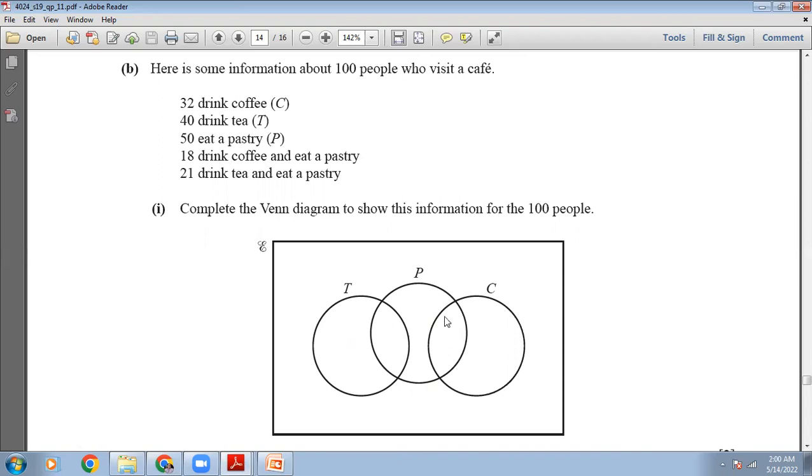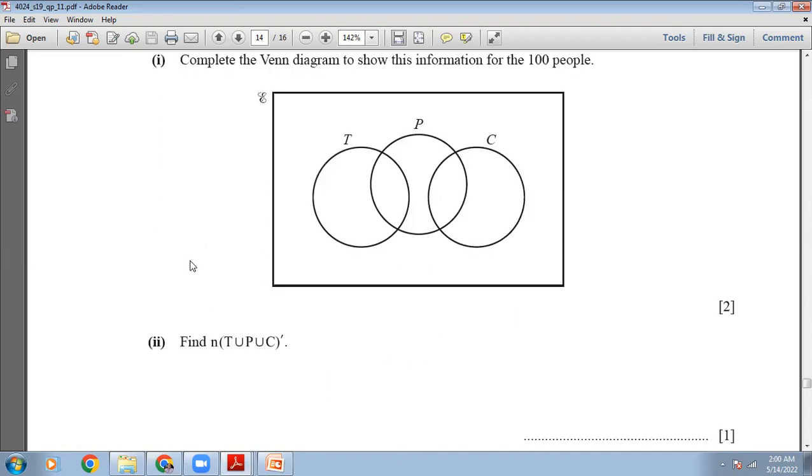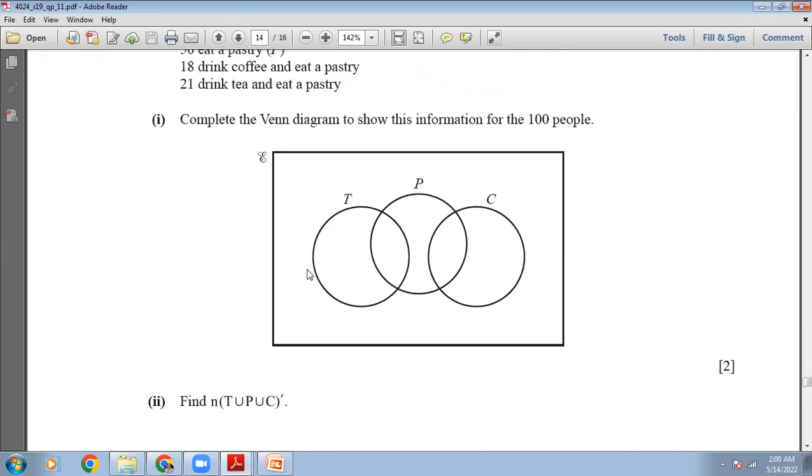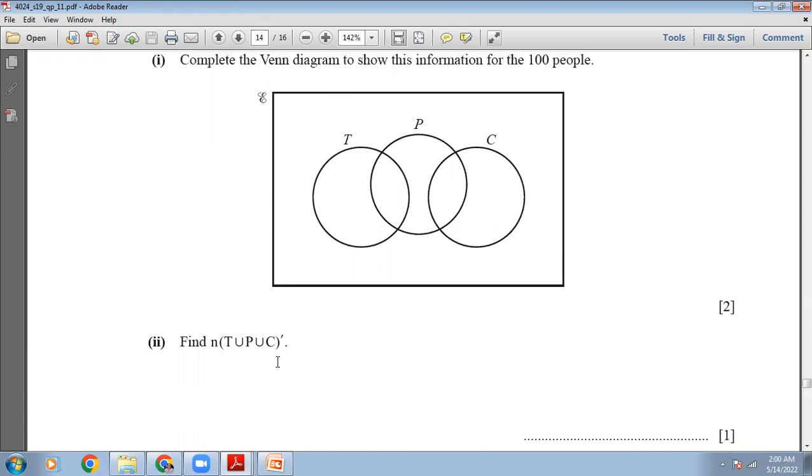So coffee and pastry, in this overlapping portion, we will write 18. And 21 drink tea and eat pastry. So tea and pastry, this overlapping portion, we will write 21. The question is to find the number of members in the P union T union C whole complement. That is basically the question. And we have to complete this Venn diagram also.